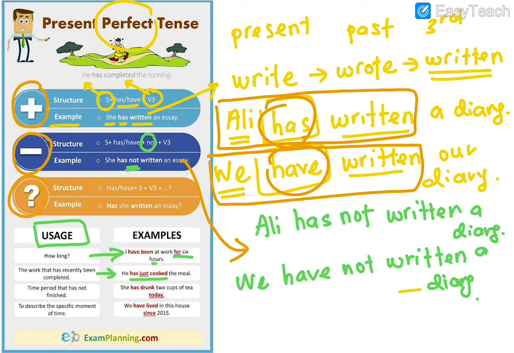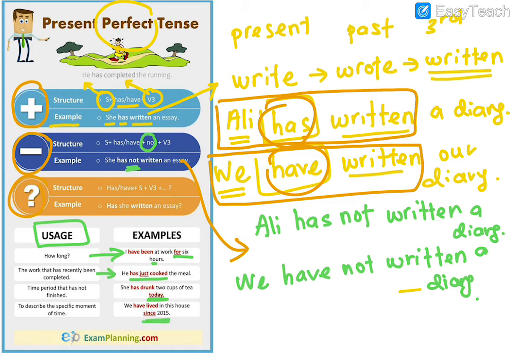See, it just happened and finished. Time period that has not finished. She has drunk 2 cups of tea today. So this shows that it is not finished yet for the day. And lastly, to describe the specific moment of time. We have lived in this house since 2015.